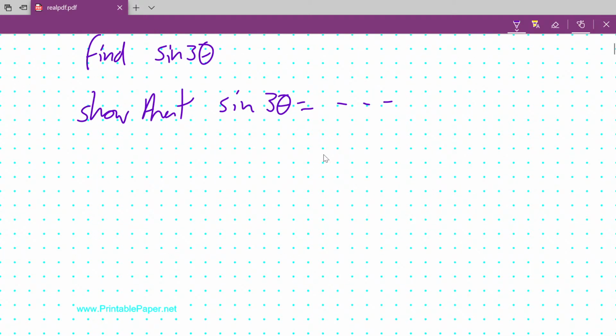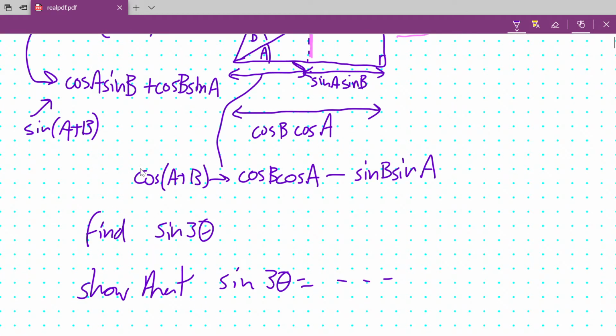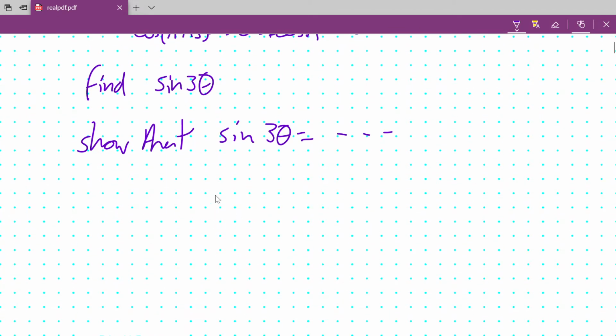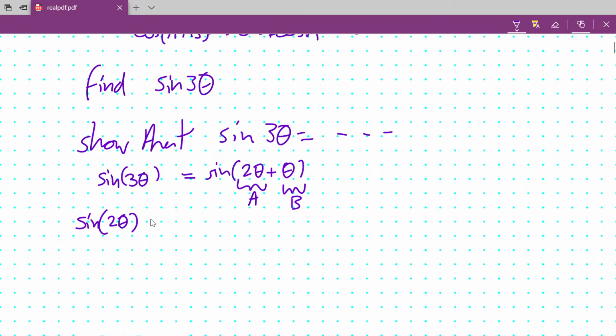And basically, using our two identities that we figured out, we can make A and B equal to different amounts of theta. For example, we know that sine 3 theta is sine 2 theta plus theta. So our A is 2 theta and our B is theta. And we also need to find out some sine and cosine values for 2 theta. To do that, we can use the fact that sine 2 theta is equal to sine theta plus theta, where our A is theta and our B is theta.